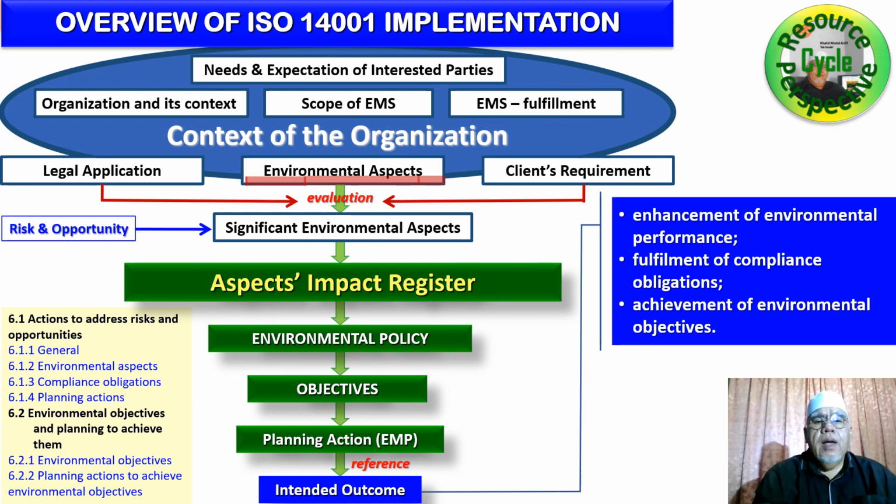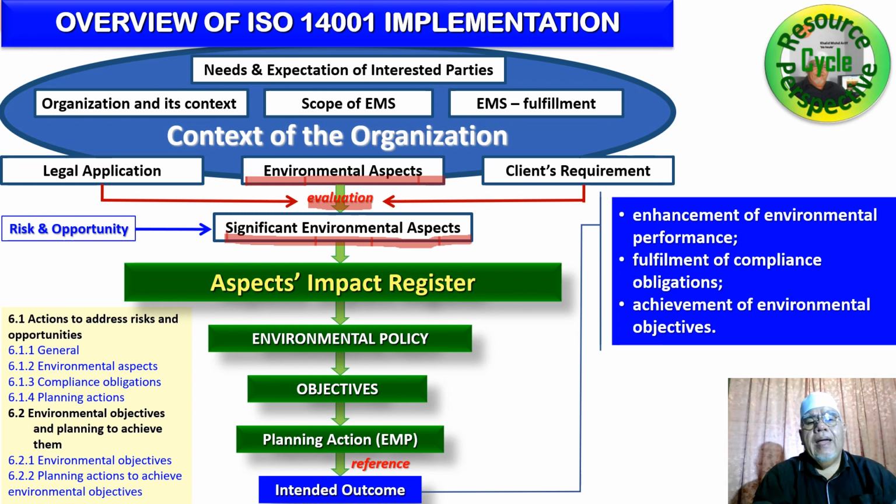Once we have identified all the environmental aspects from our entire organization, we will have to evaluate them, because we need to determine what severity, what degree, or what significance of environmental impact these environmental aspects cause. So it is called aspects impact evaluation.